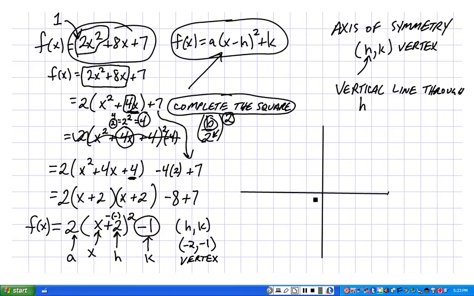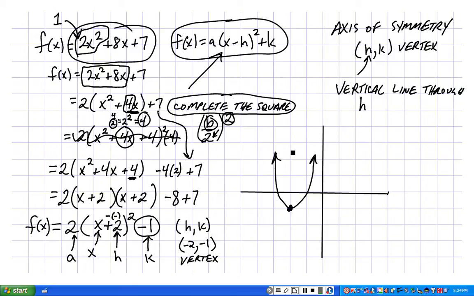So we say our vertex, negative 2, negative 1, right there. Okay, and our graph is going to be U-shaped. We already discussed that. Now this is just a rough sketch, not to scale.